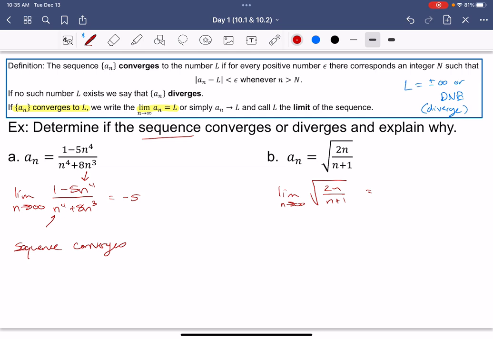But since this ratio is inside of a square root already, you have to leave your final answer inside of a square root. So the actual value of this infinite limit would be root 2. Once again, that is a number that you can find. So just by showing me that, this means the sequence also converges. Sometimes they are that straightforward, but you have to remember your limit rules from Cal 1.